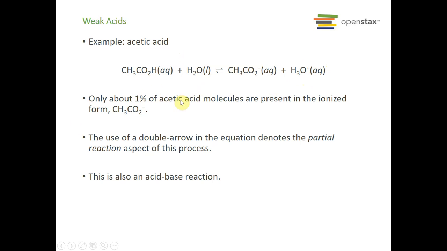Only about 1% of acetic acid molecules are present in the ionized form. Of course, that depends on the concentration in water. The use of the double arrow in the equation denotes the partial reaction aspect of this process. We call that an equilibrium. This is also an acid-base reaction.